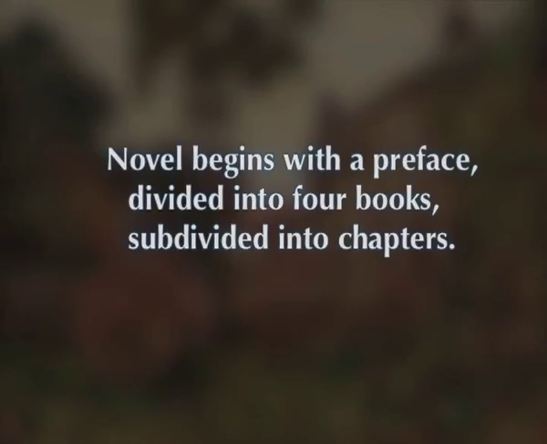Question number 3, what is the structure of the novel? The novel begins with a preface. The rest of it is divided into 4 books, and each book is subdivided into chapters, and totally there are 64 chapters.